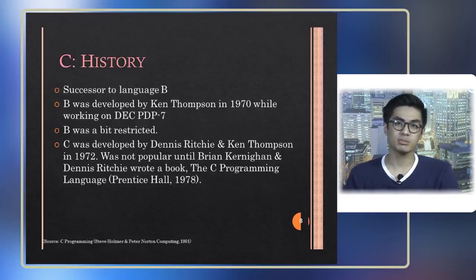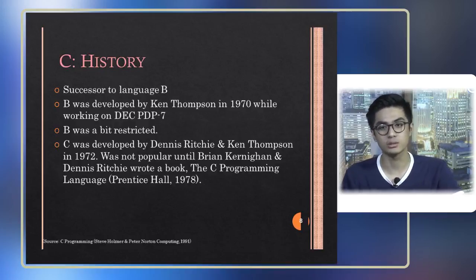The B language was a bit restricted, so that is why they created the C language in order for us to have a better control of our program. So C was developed by Dennis Ritchie and Ken Thompson in 1972.